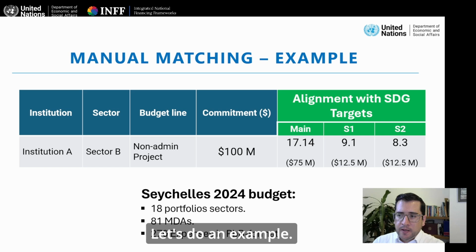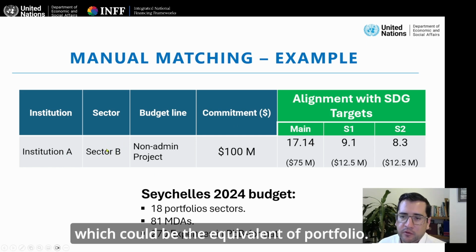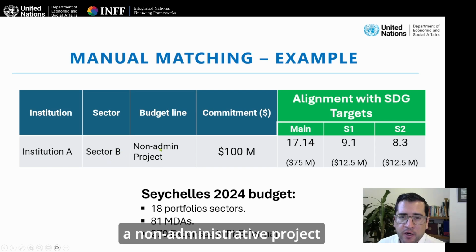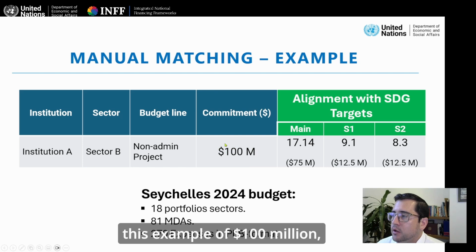Let's do an example. Let's say you have an institution A, let's say the Ministry of Finance, in sector B, which could be the equivalent of a portfolio. Budget line: we're going to cover a non-administrative project that has a commitment, in this example, of $100 million.